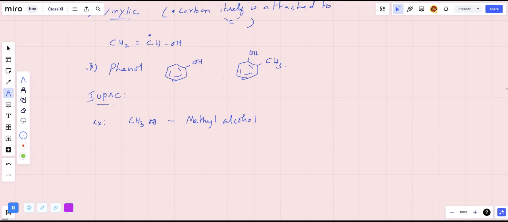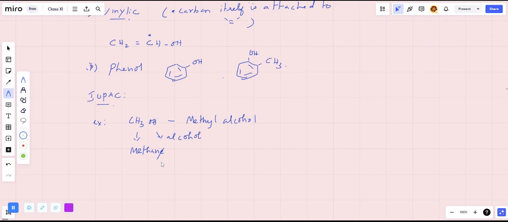But in the IUPAC name, for alcohol, the name should end with OL. This one is derived from methane, and this is from alcohol. So what we are going to do in naming is, instead of E, we are going to add OL.